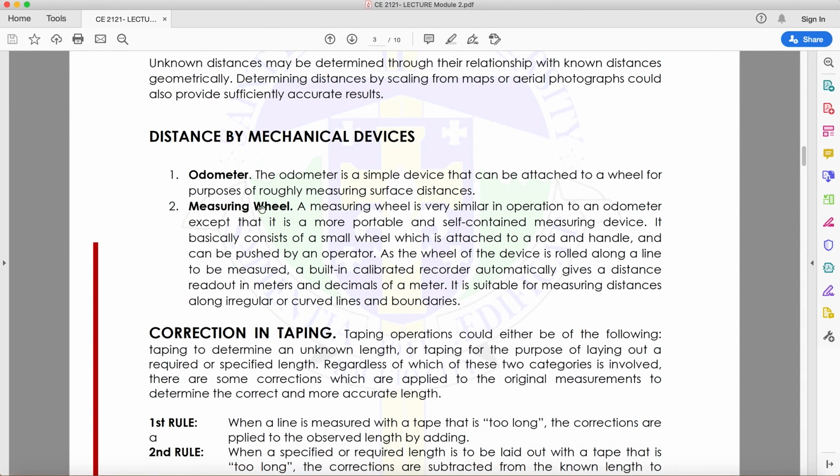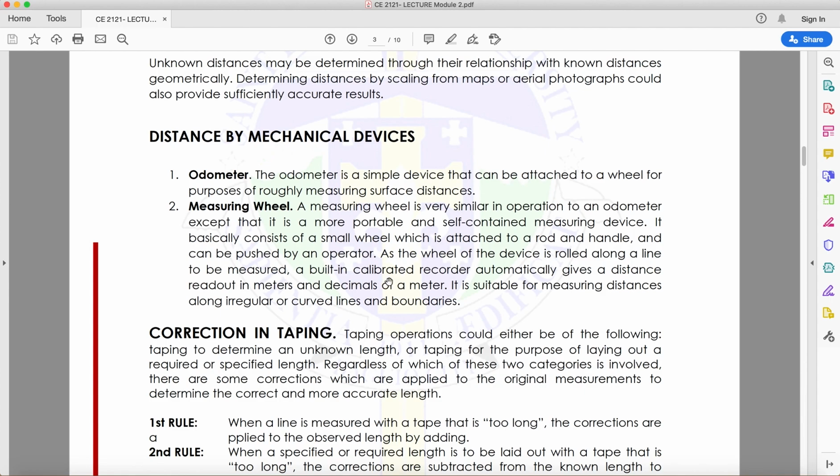Next, we have the measuring wheel. A measuring wheel is very similar in operation to an odometer, except that it is a more portable and self-contained measuring device. It basically consists of a small wheel which is attached to a rod and handle and can be pushed by an operator as the wheel of the device is rolled along a line to be measured.